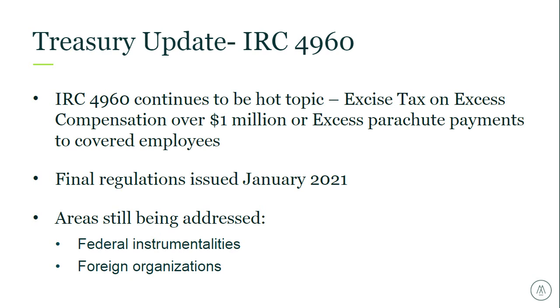For example, with our federally chartered credit unions, there's still uncertainty as to whether they should be covered or not. There are a lot of other federal instrumentalities with uncertainties, and then foreign organizations, where the IRS is looking for feedback to see what kind of guidance they still need to issue. So while we have final regulations, there's still a lot more that needs to be addressed. We are monitoring it and hopefully getting some guidance soon.